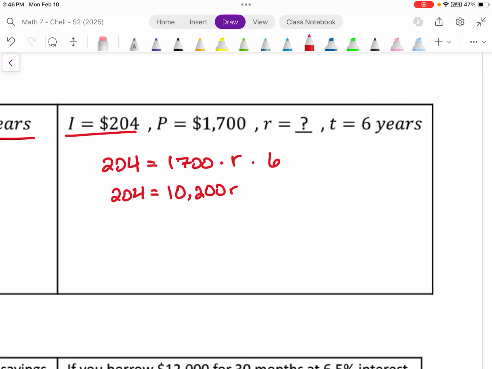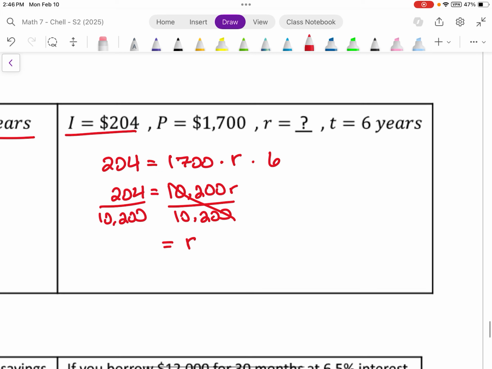Now the next step, this is a one-step equation. Now to get the R by itself, we're gonna divide that 10,200 on both sides. That cancels out. So our R is gonna be, let's see, 204 divided by 10,200. We get 0.02.